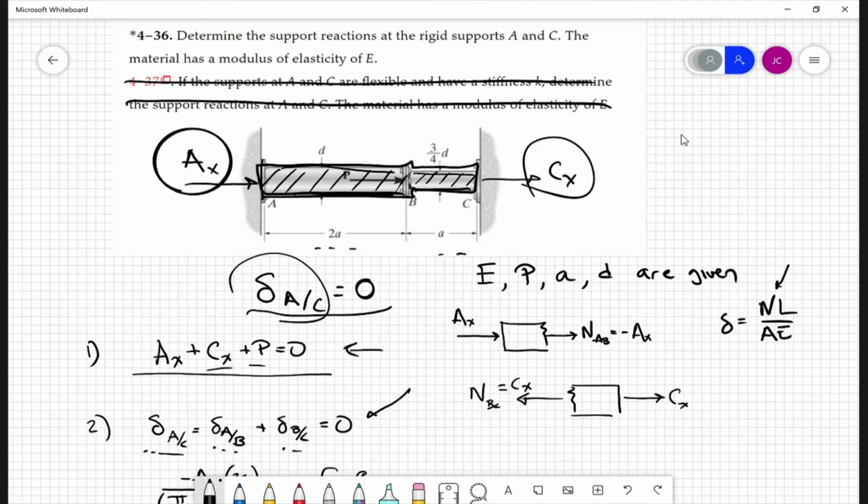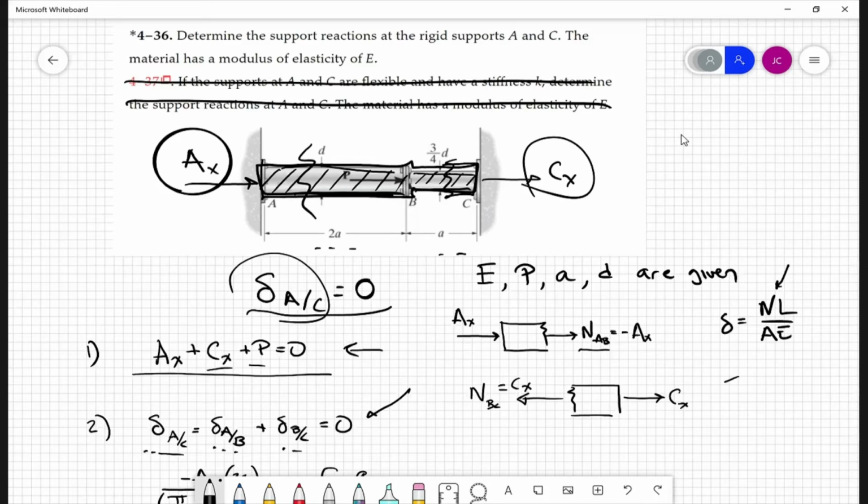So if we look at a free body diagram where we cut through between A and B and look at the left side, we get the following, and that exposes the internal force in AB, and we can see that it's equal to negative AX. And likewise, we can look at a cut on the right-hand side between B and C. Here's that free body diagram.